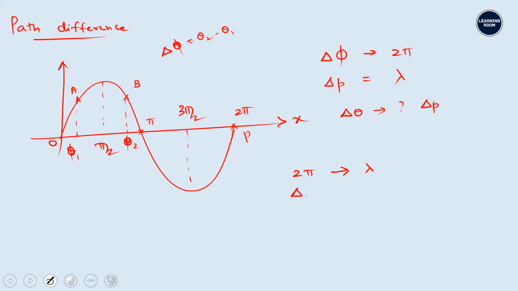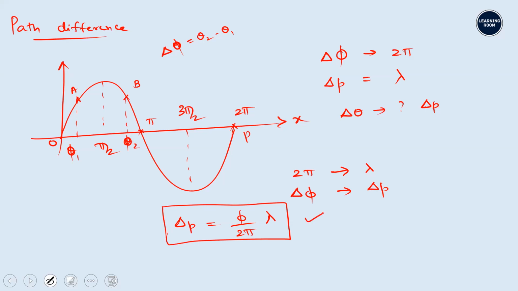Now, if the phase difference is given as delta phi, and I call the corresponding path difference delta p, where phi is used for phase and p is used for path difference, then by using the unitary method, delta p will be equal to phi divided by 2 pi multiplied by lambda. Is that clear? This is another important expression to be remembered.